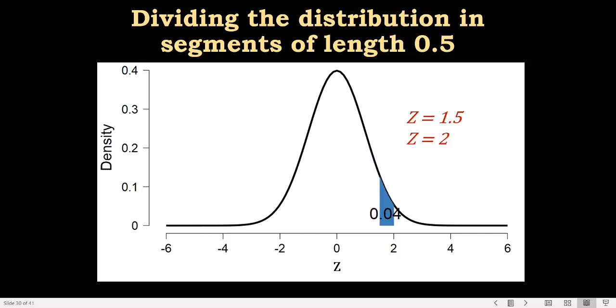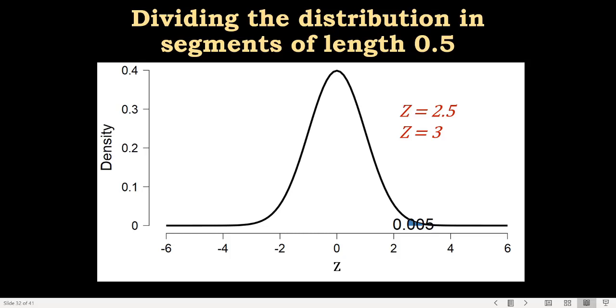And between 1.5 and 2, there is a 4% chance, or 0.04 probability. Between 2 and 2.5, there is only a 0.02 or 2% probability. And the last one, between 2.5 and 3, there is a 0.005 probability to observe a value in this area.